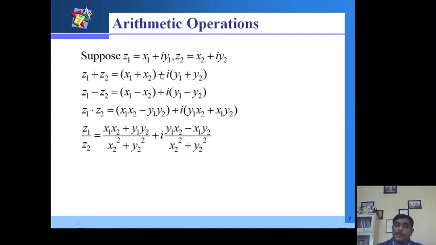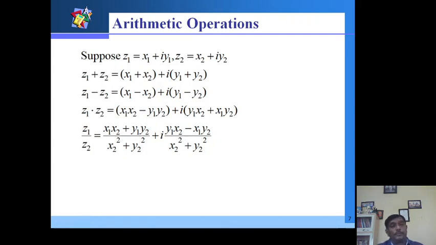Adding two complex numbers means the real part is added to the real part and the imaginary part is added to the imaginary part. So you get z1 plus z2 is equal to x1 plus x2 plus i times y1 plus y2. The sum of two complex numbers is again a complex number.